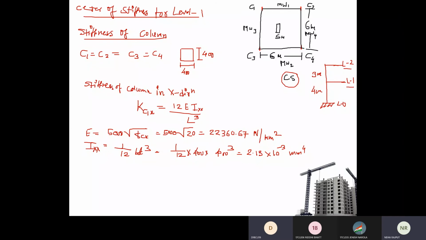Keep it in mm, no need to change. Into 10 raised to 9. 2.13 into 10 raised to 9 mm raised to 4.